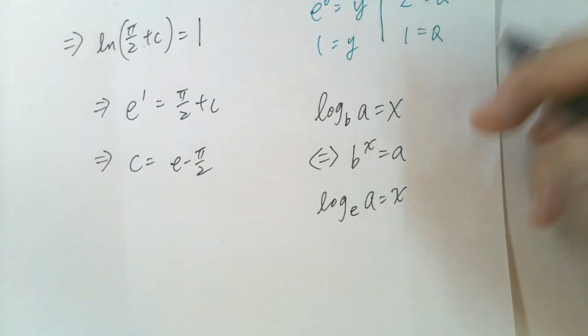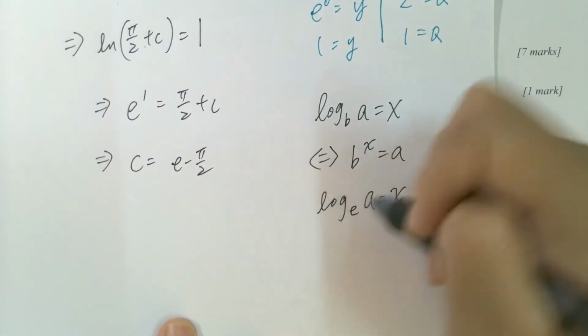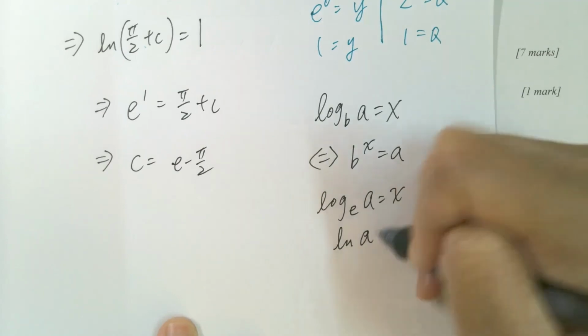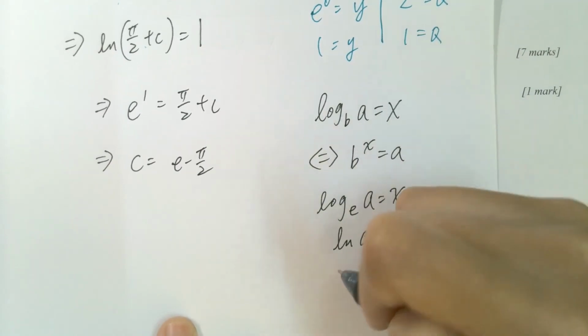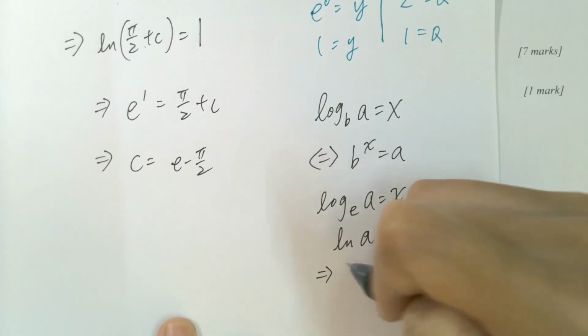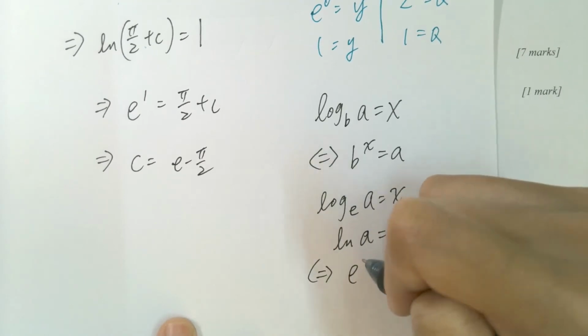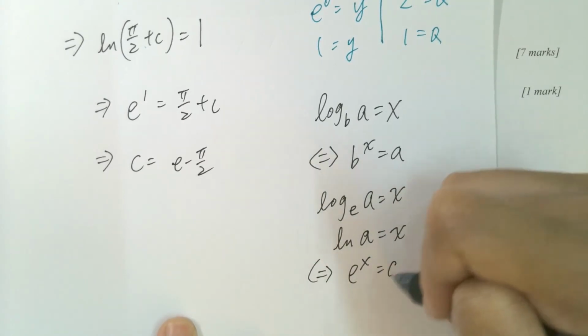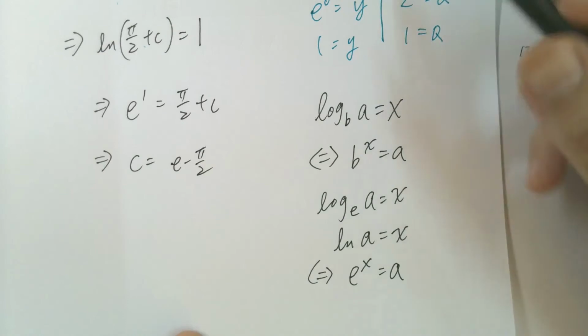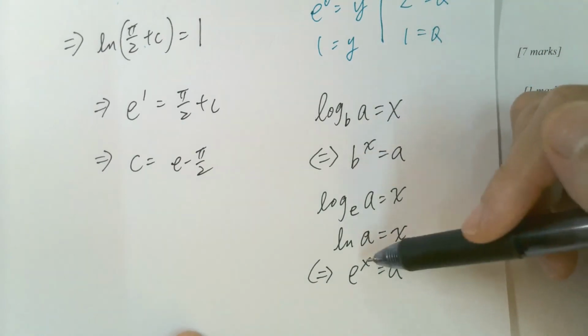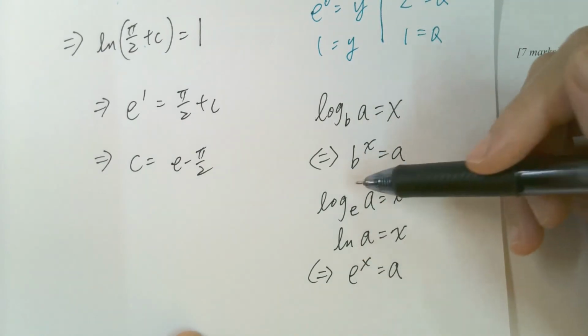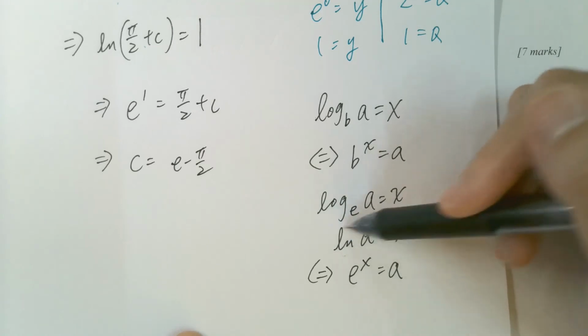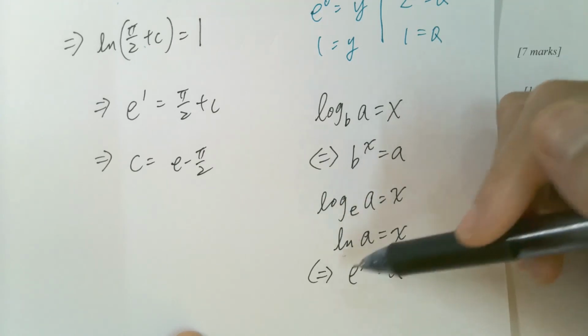That is the same as saying ln of a is x. It means e to the power of x is a. No matter what your base is, you can change it into e, and if it's e, we have a special thing for it. It's called ln. So c is equal to this.